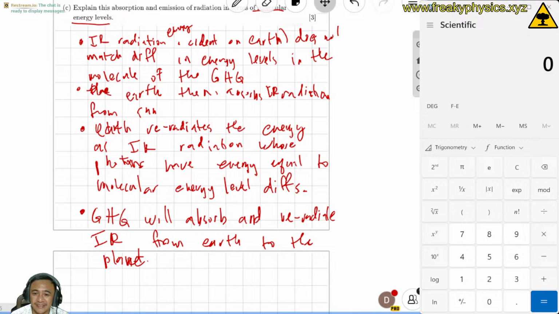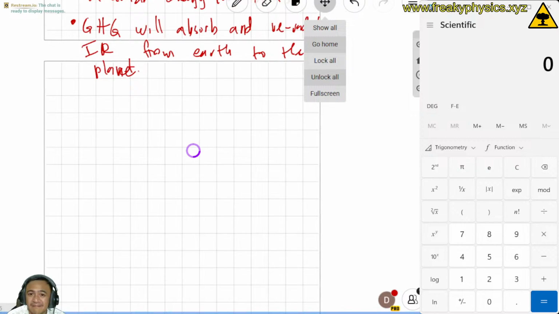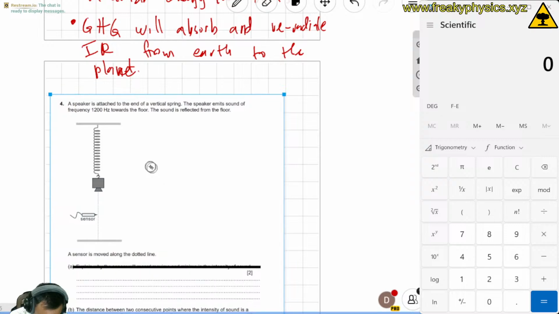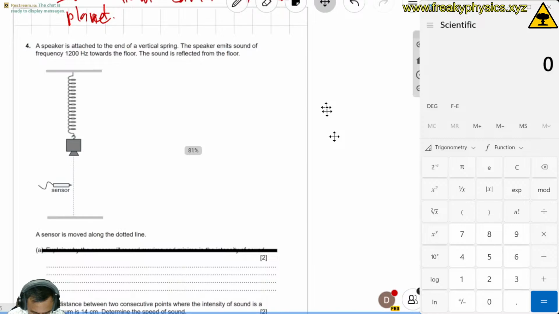This one is the Doppler effect. It's the one with the sensor and the spring and the speaker. I think there's 2 screenshots for that one. I'm copying the other one right now. So for the first one, we don't need to do the first problem. I think you got that right.